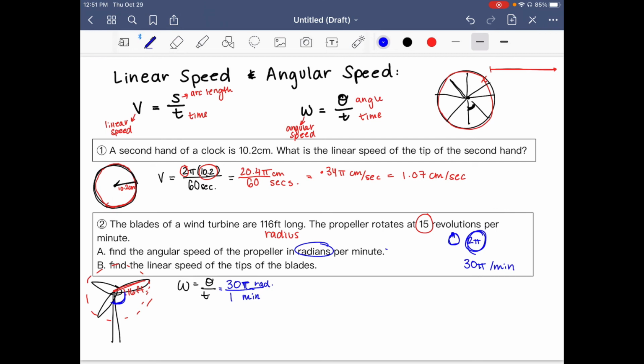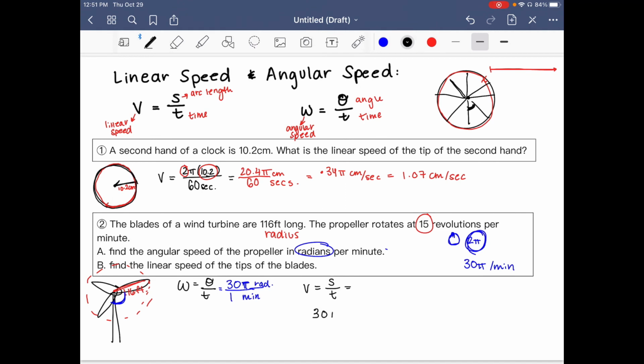If I'm talking about finding the linear speed of the tips of the blades, okay, that's a little bit different. V equals S over T, where S is our arc length. Again though, I'm talking about going through this 30 pi times. So if I'm talking about arc length, we have to find our arc length first.